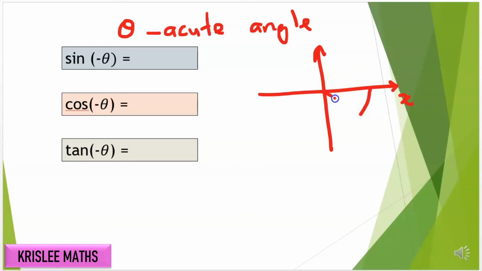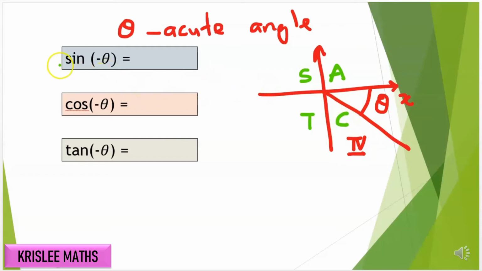Since theta is an acute angle, I will stop in the 4th quadrant. In the 4th quadrant, only cos is positive. Remember, add sugar to coffee. So we are in the 4th quadrant, therefore cos will be positive.